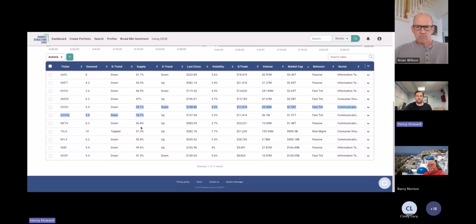Google, relatively low. Meta, that's not a terrible short supply. Similar for Shopify, though it matters less because it's not as big. But what I'm looking for is, how are these big companies moving? Are they moving together? When they're moving down like this, they're going to pull the whole market down with them, and it's going to be difficult to find things to go long on, because the amount of stocks that are tied in baskets to these big names really matters a lot.